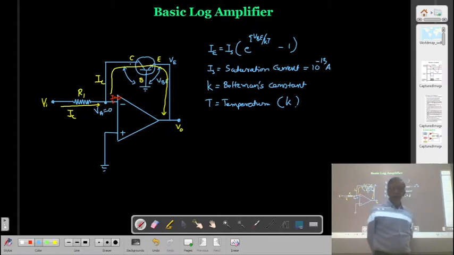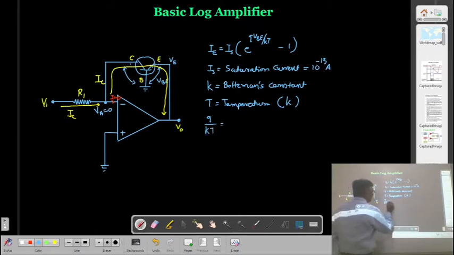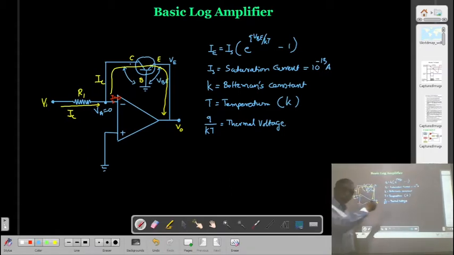So for the transistor, we can write the expression for the emitter current, that is IE is equal to IS into e raised to qVBE by KT minus 1. Sometimes, remember, q by KT is also known as the thermal voltage. If you find out the dimension of q by KT, you will find it is a voltage.